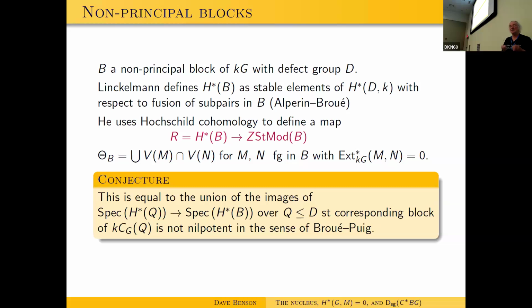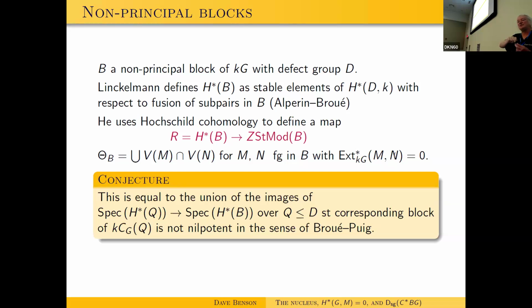So here's the conjecture. What you have to do is look at those subgroups of the defect group whose centraliser is not p-nilpotent in the group.